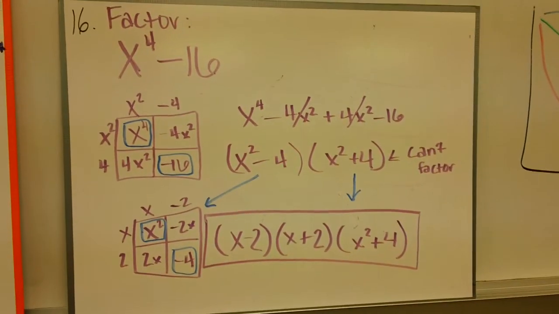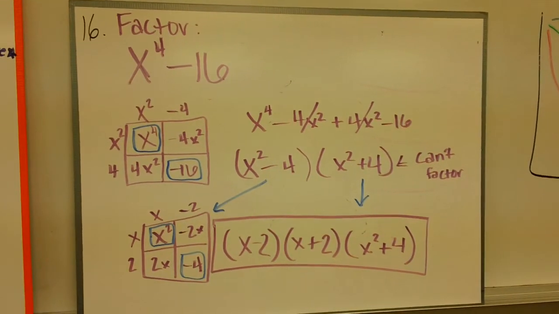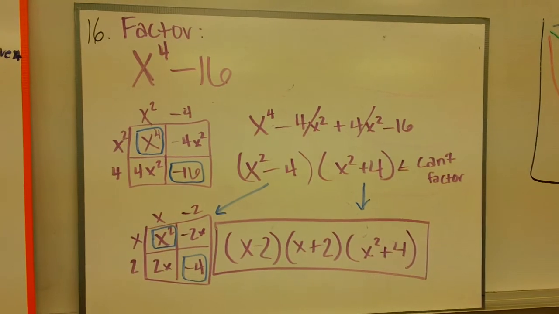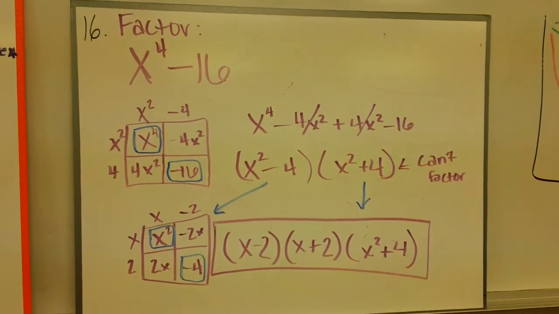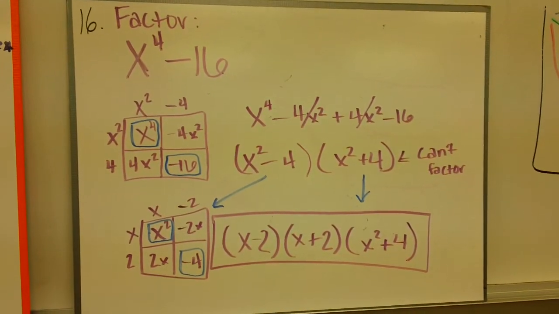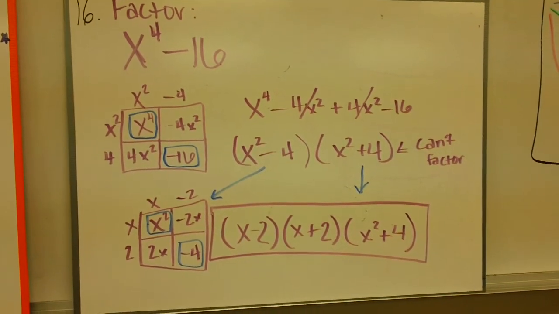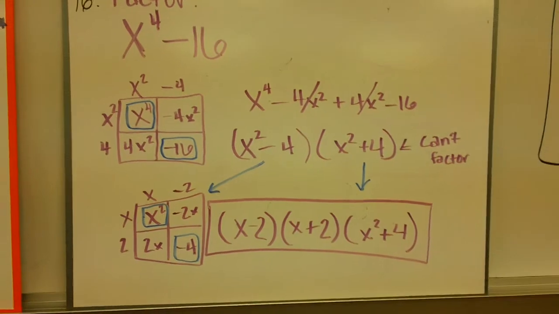So you put x squared minus 4 into another reverse box, and the two middle components that cancel out are negative 2x and 2x, so you're left with x minus 2 and x plus 2, and then you bring down the x squared plus 4, and that's your final answer.